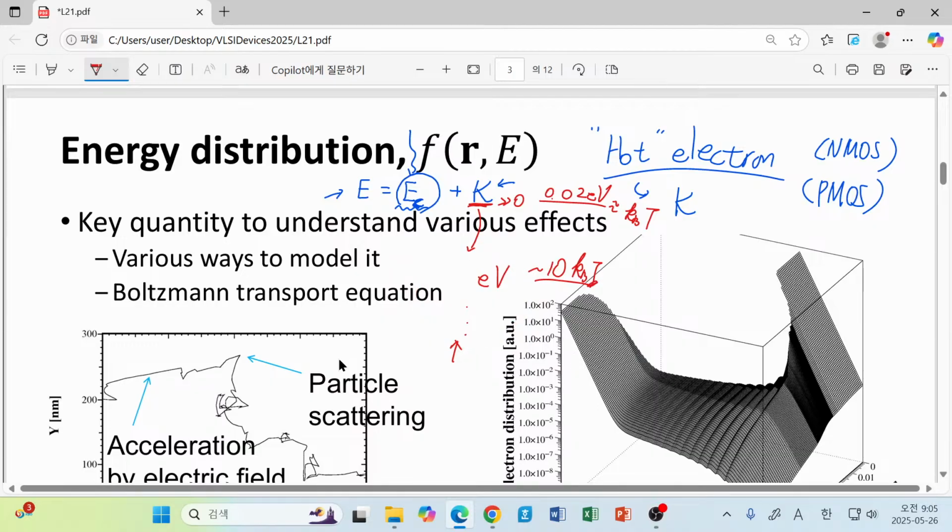So as I told you before, not every electron is hot, even when we operate in this condition. For example, say that we apply 0 volt to our source terminal and a very high voltage to our drain terminal.